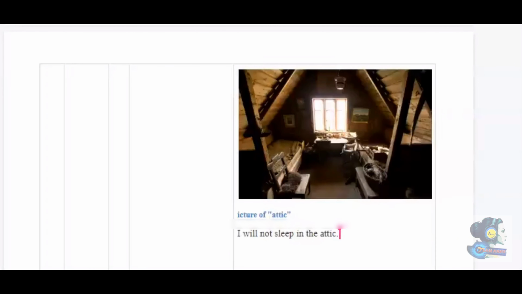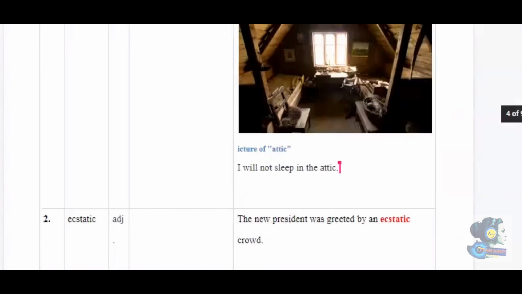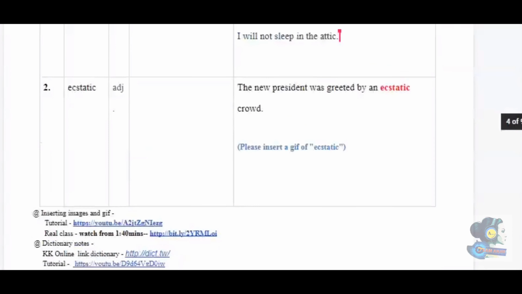Now let's turn to our next word, and this one is an adjective. Can you please read? Yeah, thank you. Ecstatic. Now, the word ecstatic means delightful beyond measure or extremely happy.